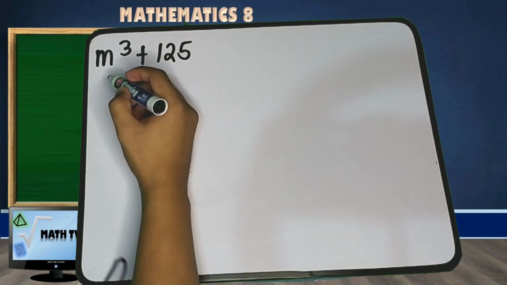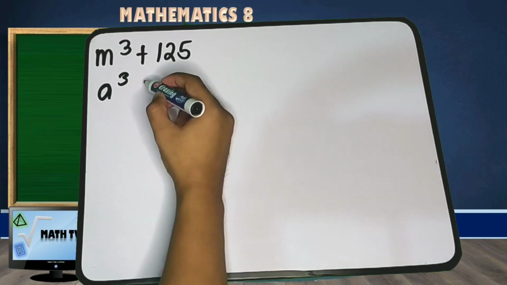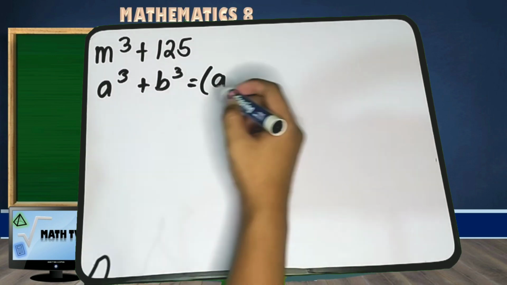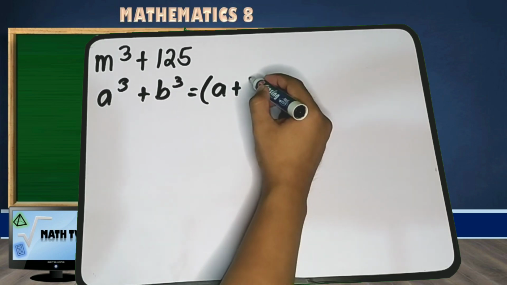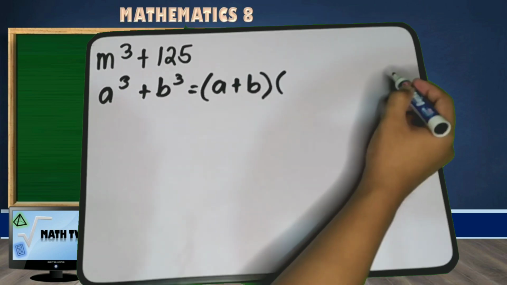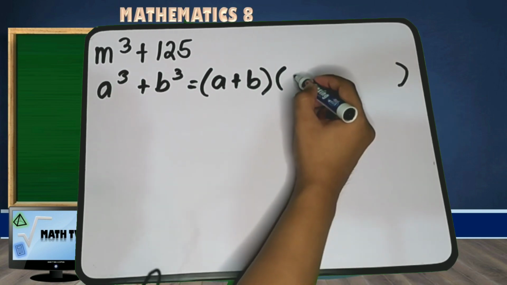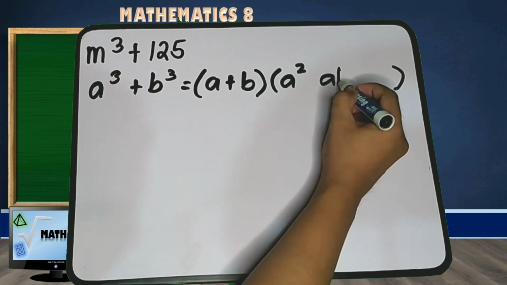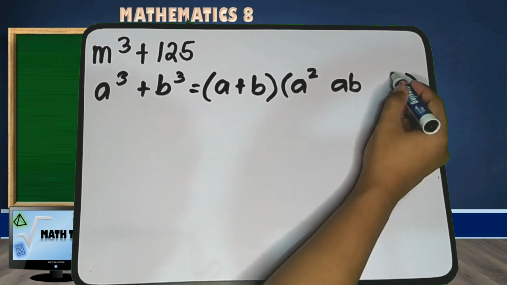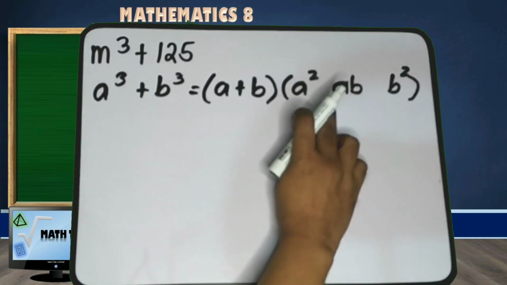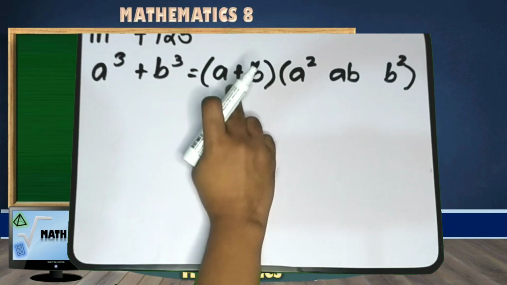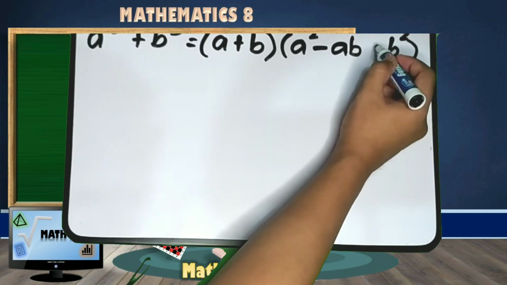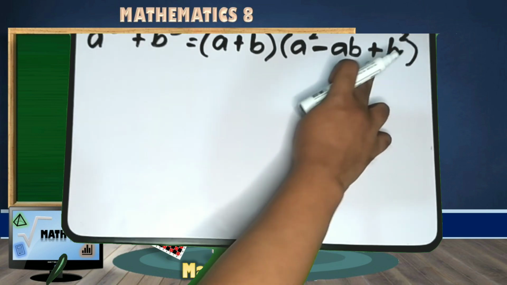So here, this is a sum: a cube plus b cube is equal to a plus b times the quantity, a squared, the first term, and then multiply the first and second, so ab, and then the last term, you square it. Now, to remember this, the operation: copy, and then the opposite, and then plus. Always addition at the end.